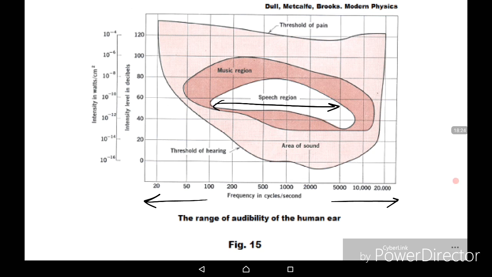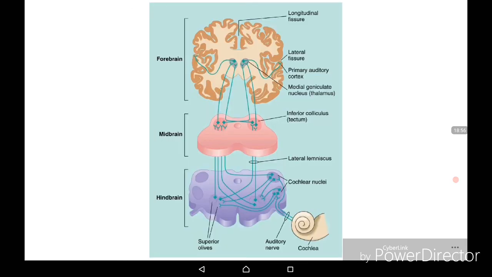The speech region is about 100 hertz and up to 7,000–8,000 hertz, female voices, and male voices are lower frequency. And we have also the threshold of pain, that is about 120 decibels. The sensitivity of the ear to different frequencies may be estimated during audiometry, a special examination of the hearing analyzer, acoustic analyzer.